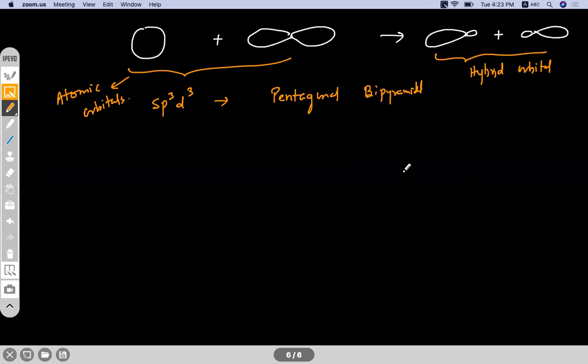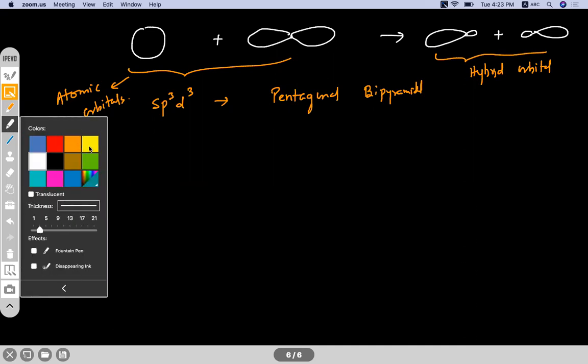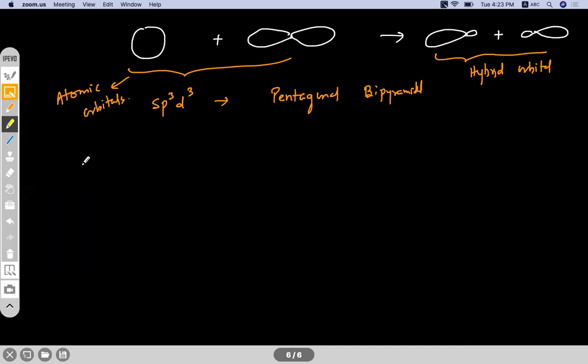Okay, now look at this example of CH4. Because of this only we got this new concept of hybridization. In the CH4 molecule, carbon has 6 electrons, and the electronic configuration is 1s2, 2s2, 2p2.